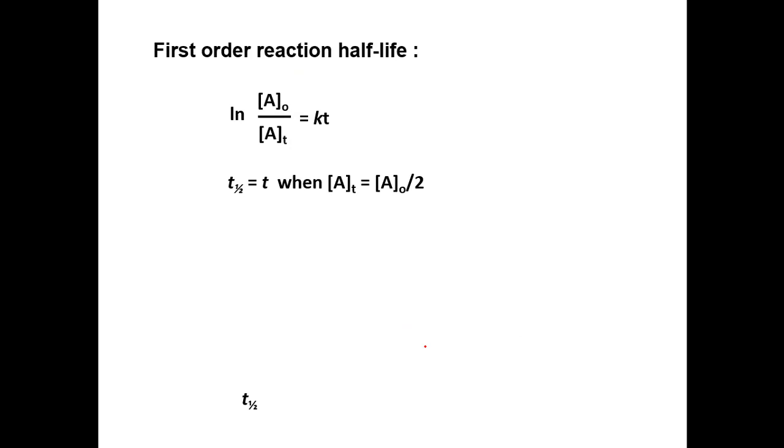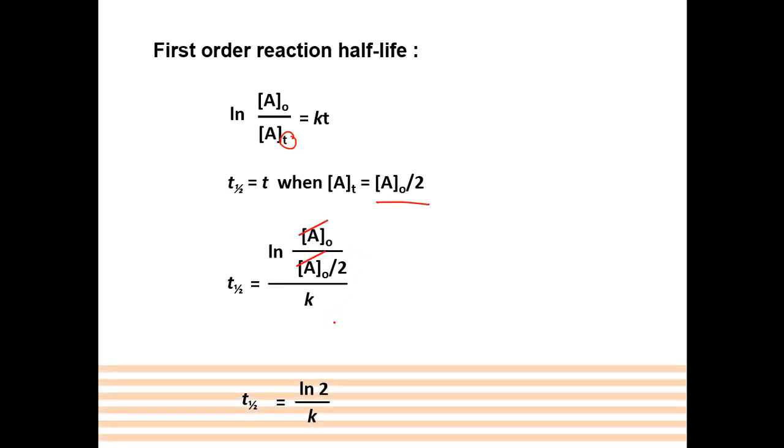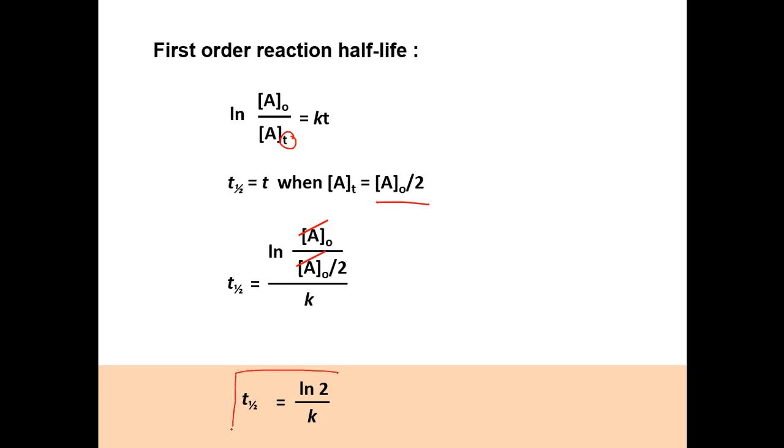So again the same thing bila nak cari half life untuk first order, AT ni nanti kita gantikan dengan A0 over 2 lah. Okay, so kita rearrange semula. Apa yang you akan dapat nanti adalah ln 2 over K. Okay, so ini equation yang you kena tahu, half life equation untuk first order.